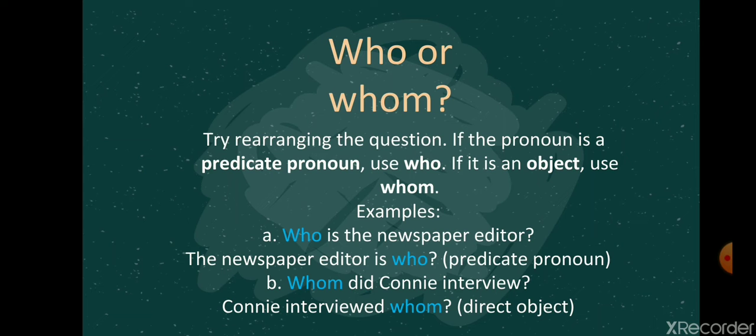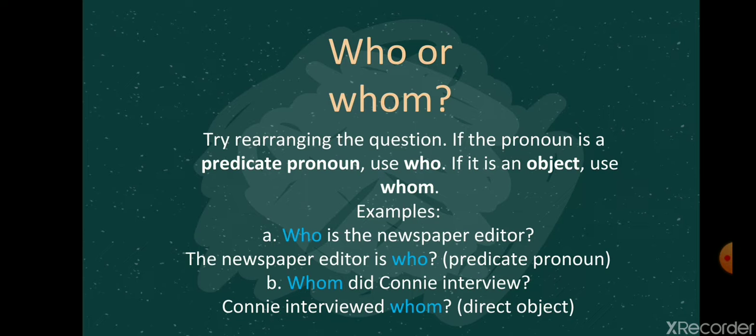So we're going to learn the difference between who or whom. How can we figure out which interrogative pronoun to use? Well, we're going to rearrange the question so we can figure out which is the correct one. Try rearranging the question. If the pronoun is a predicate pronoun, use who. If it is an object, use whom.